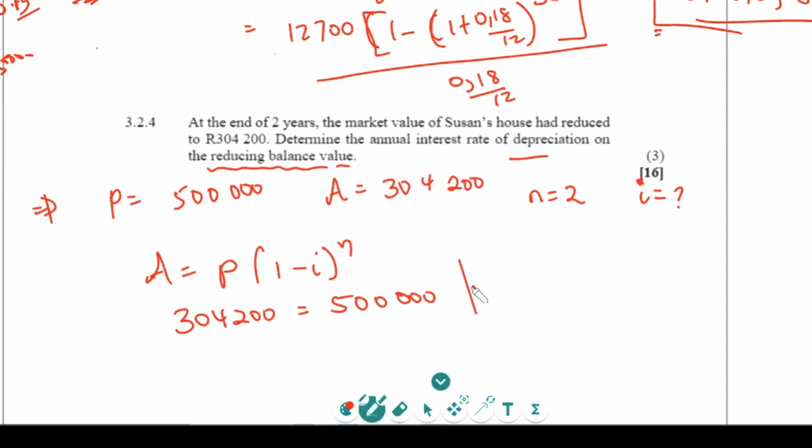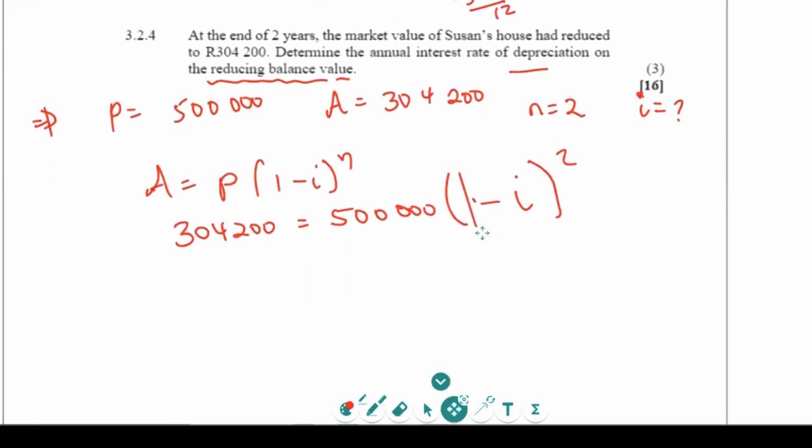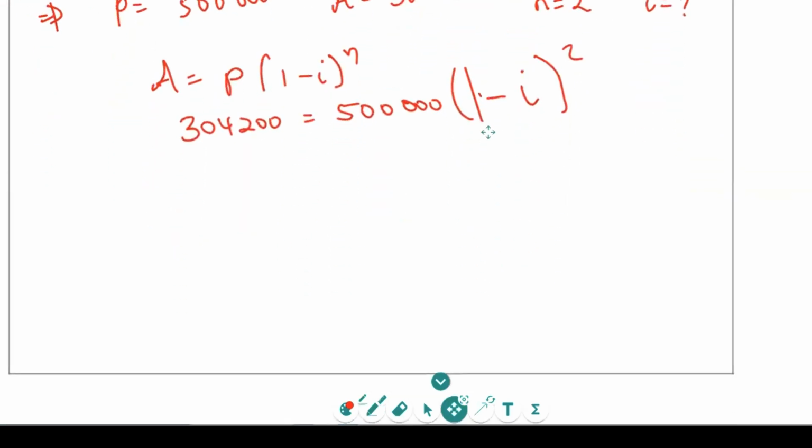And then I'll divide both sides by 500,000. So over 500,000, this and this cancel.